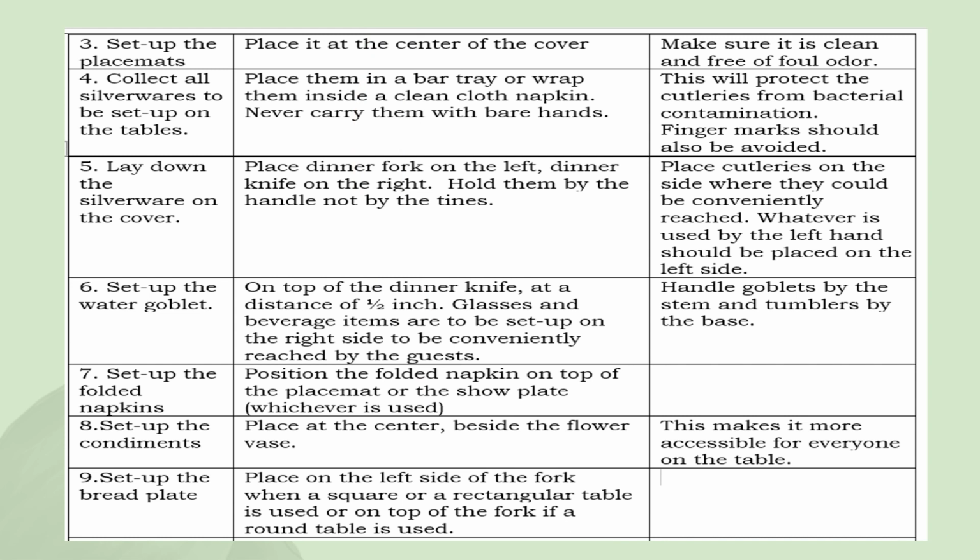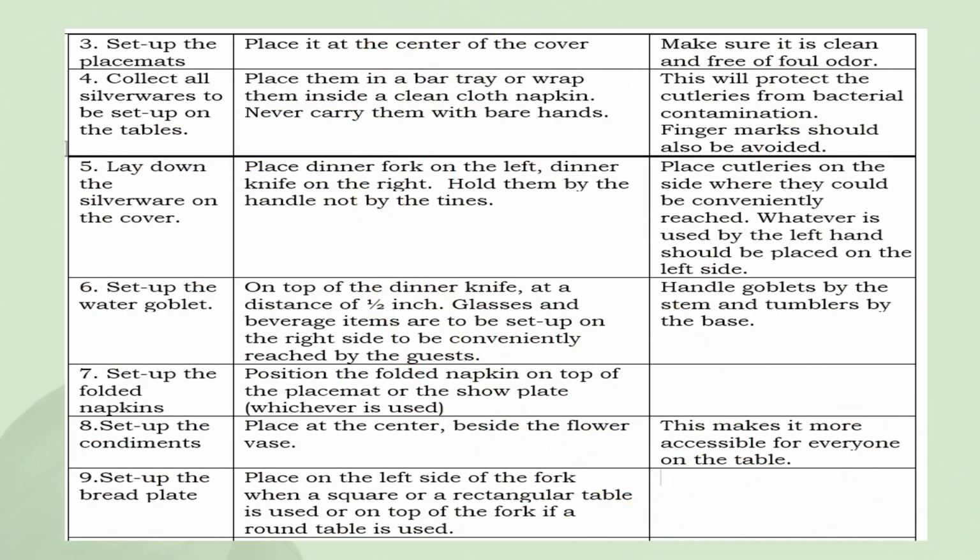Number 6, set up the water goblet on top of the dinner knife at a distance of ½ inch. Glasses and beverage items are to be set up on the right side to be conveniently reached by the guests. Handle goblets by the stem and tumblers by the base.